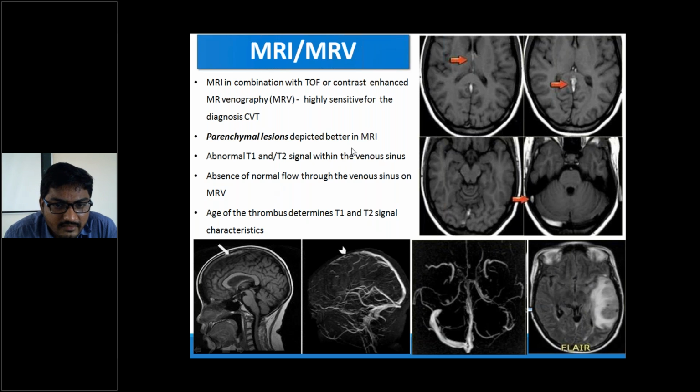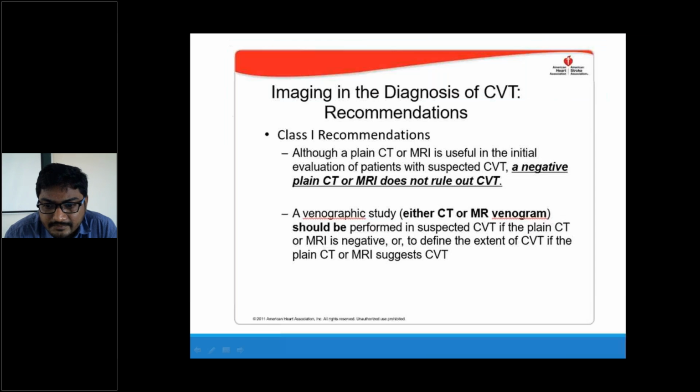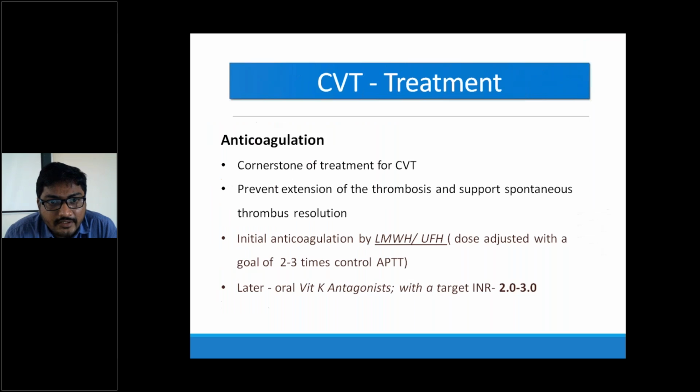Very higher level. So deep cerebral venous thrombosis, right? These are images for deep cerebral vein thrombosis, right? This is catheter angiography. Catheter angio is no need for you, right?